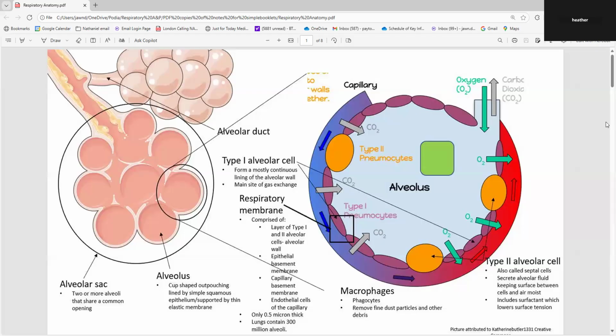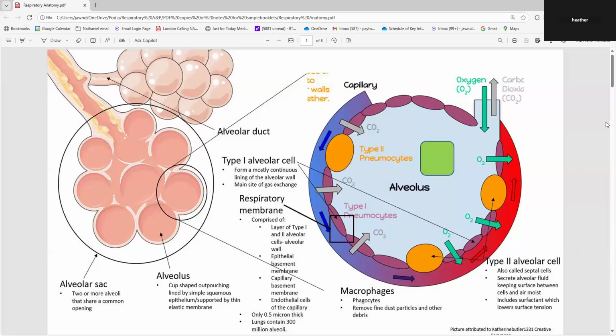And this is otherwise called surfactant. One of the functions of surfactant is to help reduce the surface membrane pressure, to stop the alveoli collapsing every time you breathe in and out.